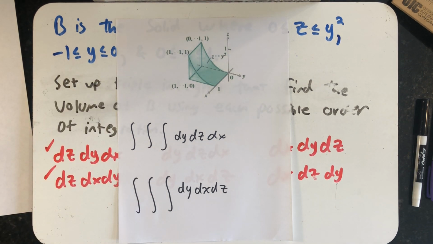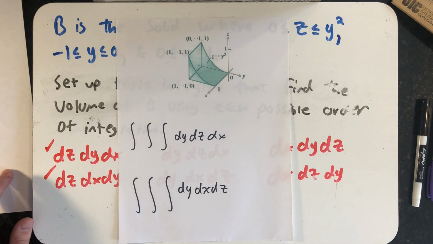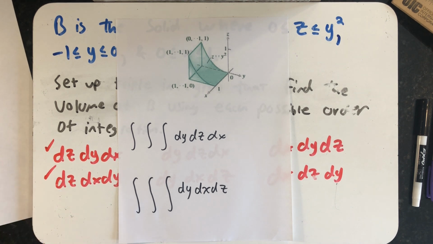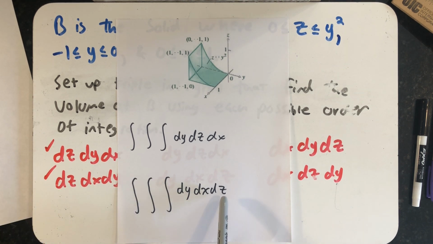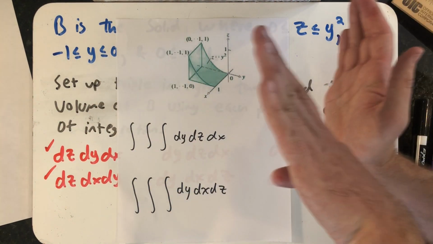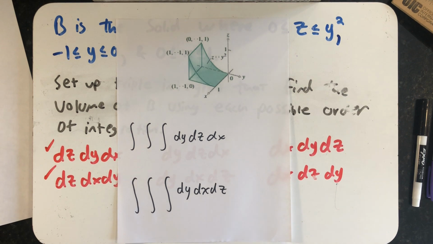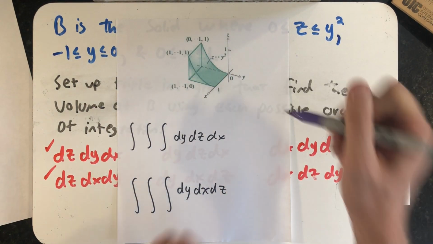My next step would be to draw the projection into what is the xz plane. And so I imagine that I flatten this down, or that I'm looking down the y-axis, and I would see that square in the back, right? So I'm imagining projecting it into the xz plane, and it would look something like this.